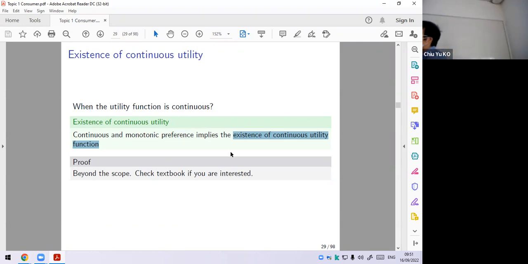Usually, unless it's a special case, we can always find a monotonic transformation of the utility function so that it's differentiable. In most cases, but there are some cases where not, at least in the limiting case.